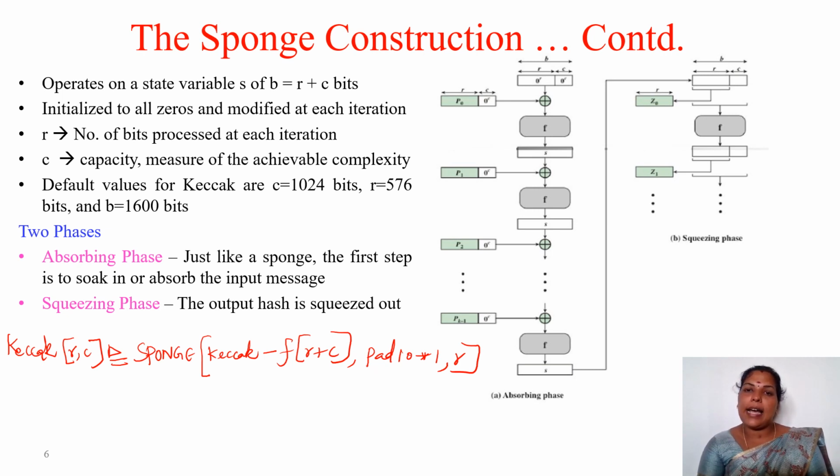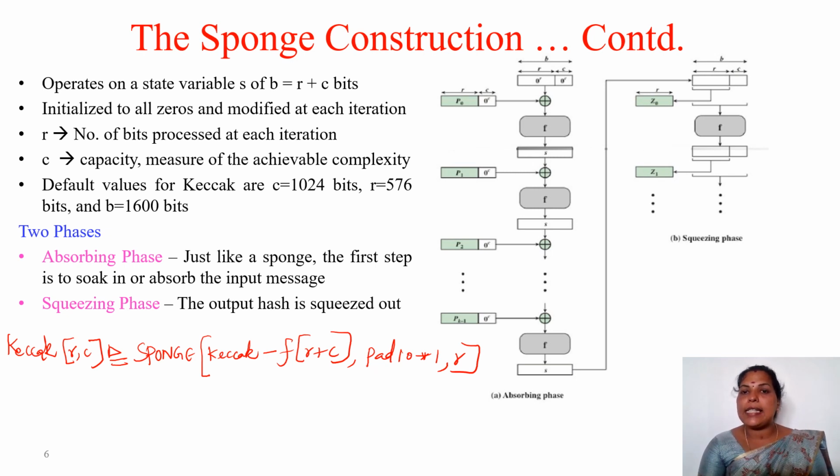Let us see the diagram. Here you see b, which means r plus c. Likewise in the block also we have r and c. That is XORed with the previous value. Then the function f is applied. What is f? Later on we will see.